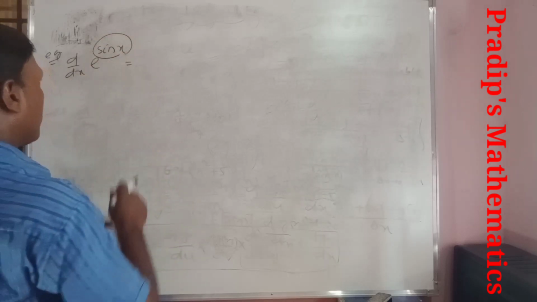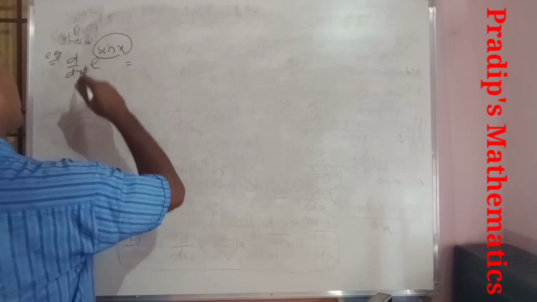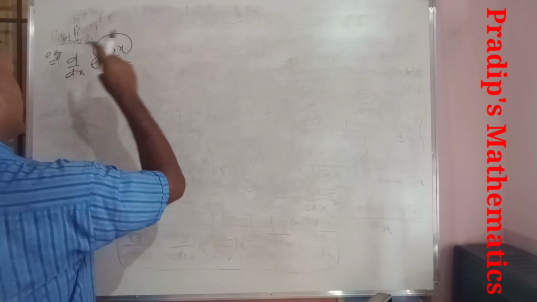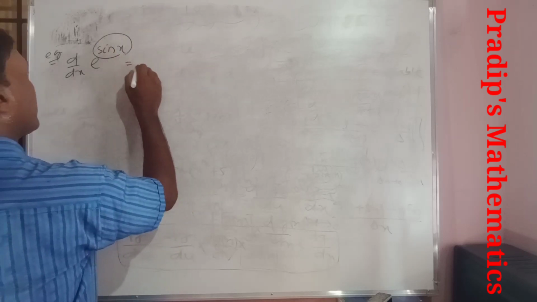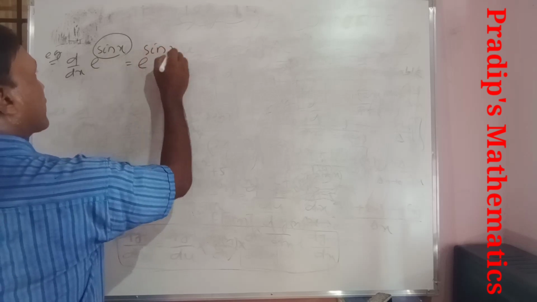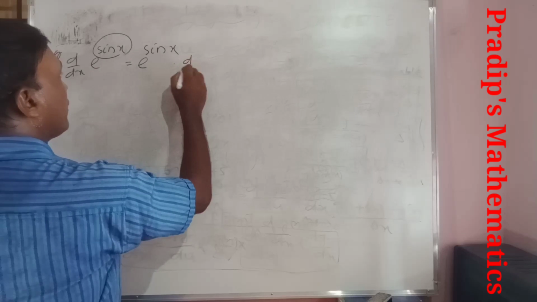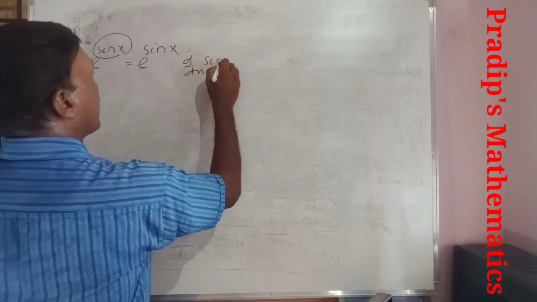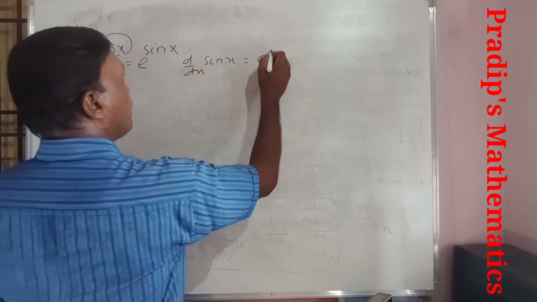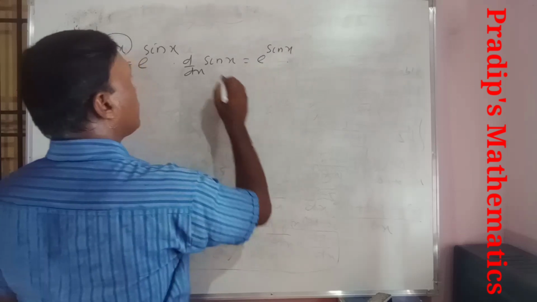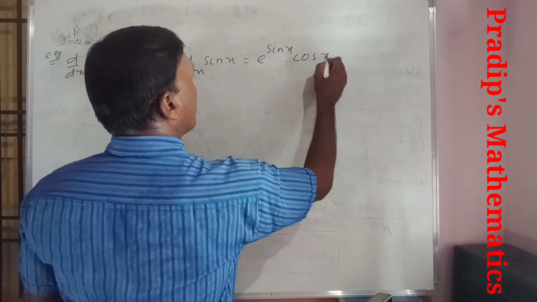According to chain rule, if derivative of e to the power x is e to the power x, then derivative of e to the power sin x is e to the power sin x. But x is replaced by sin x, so you have to multiply derivative of sin x, which is equal to e to the power sin x into cos x.